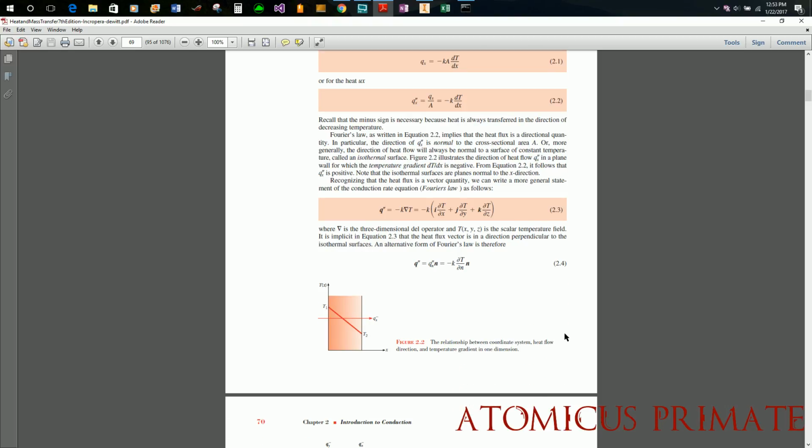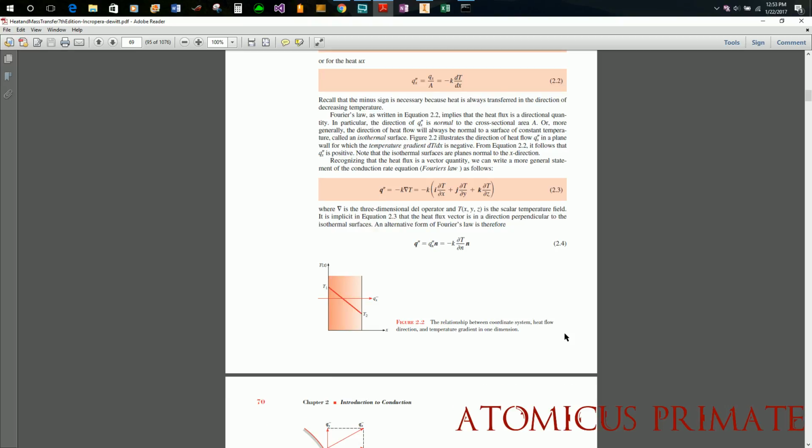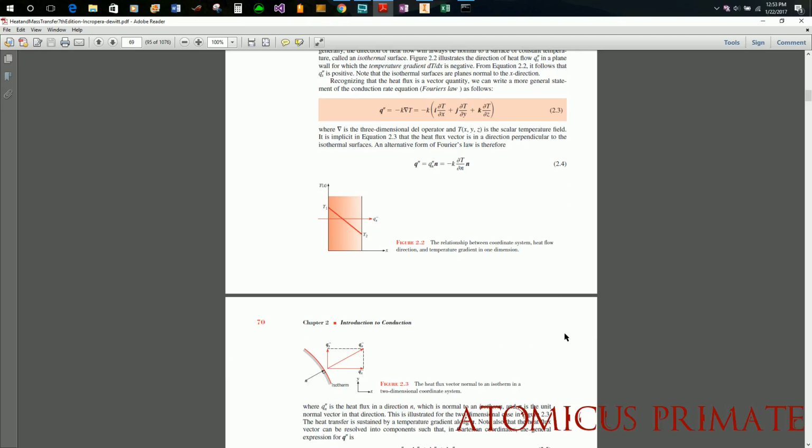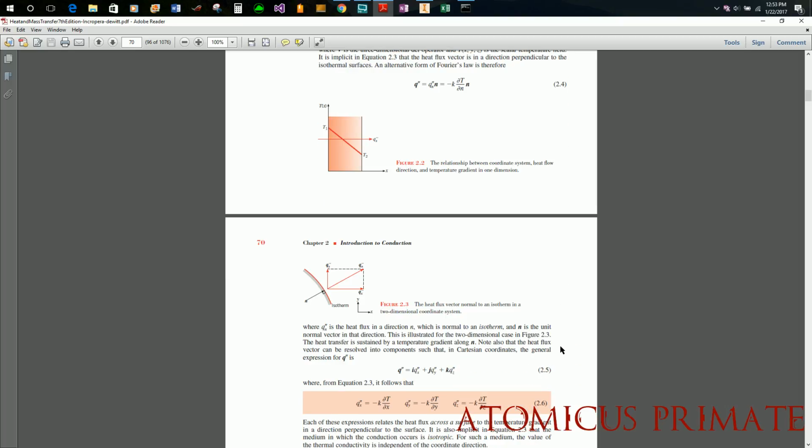In Figure 2.2, the wall has the temperature decreasing from left to right as Q flows from left to right. It shows the relationship between coordinate system, heat flow direction, and temperature gradient in one dimension. And then there's a curved surface with some vectors, the Q sub x, Q sub y, and then the resultant vector.